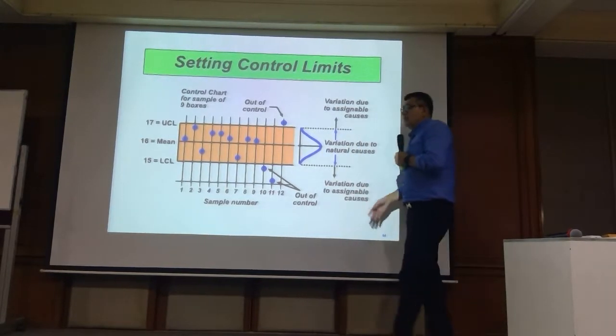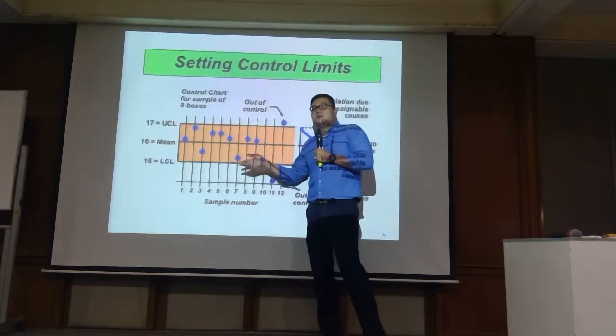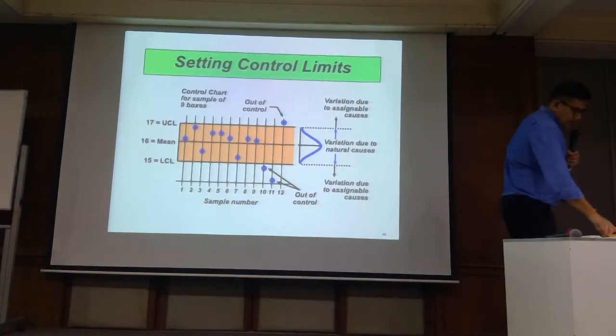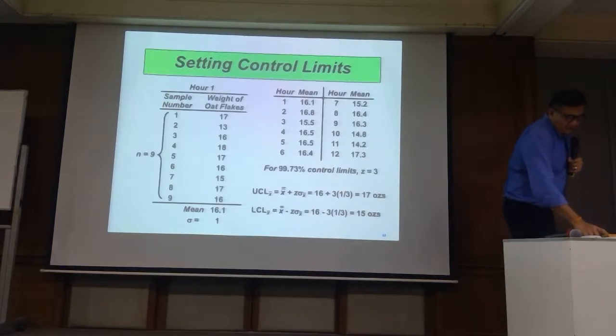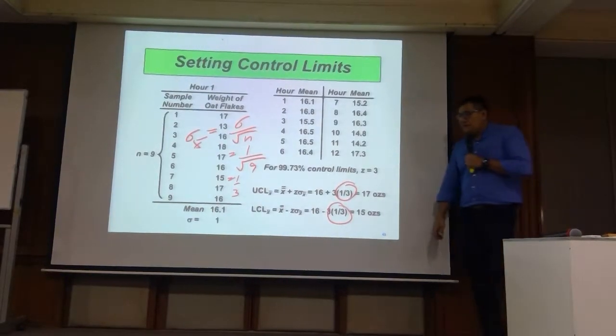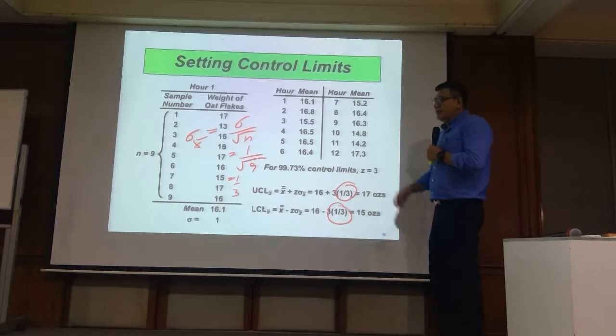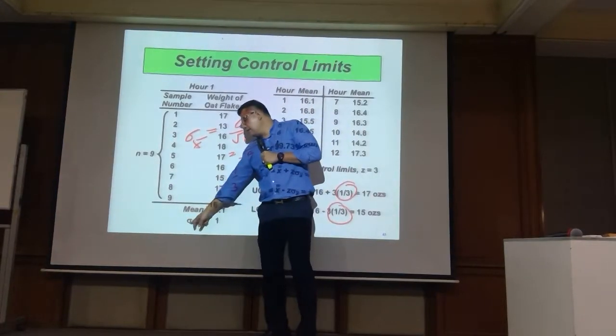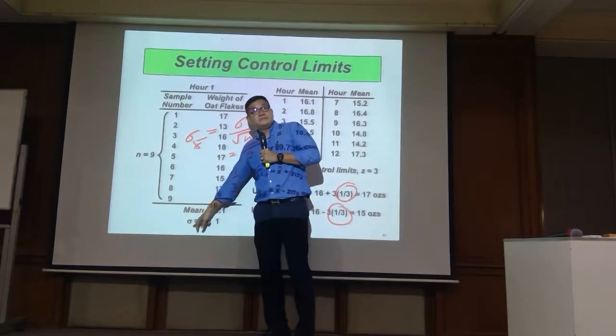So this is quite a simple step. You can see that the calculation is not that difficult, and this case is like a rare case because generally in the real world we have no idea about the standard deviation of the process. Right.